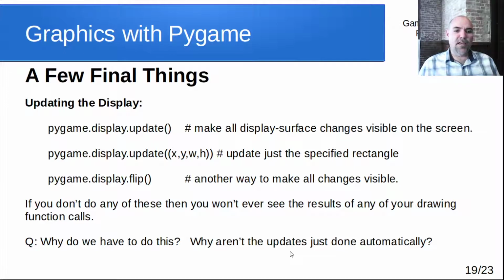The reason for that we'll talk about in a second, but essentially, there's a couple ways to update the display. You can just call pygame.display.update, that says all of the changes I just made, now make them show up on the screen all together at one time. You could also update just a region of the screen if you wanted to, mostly for optimization purposes, to make things faster.